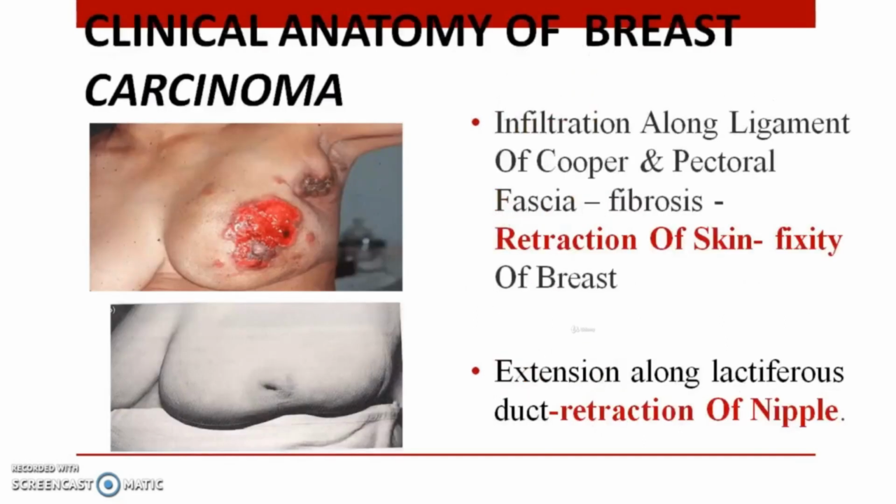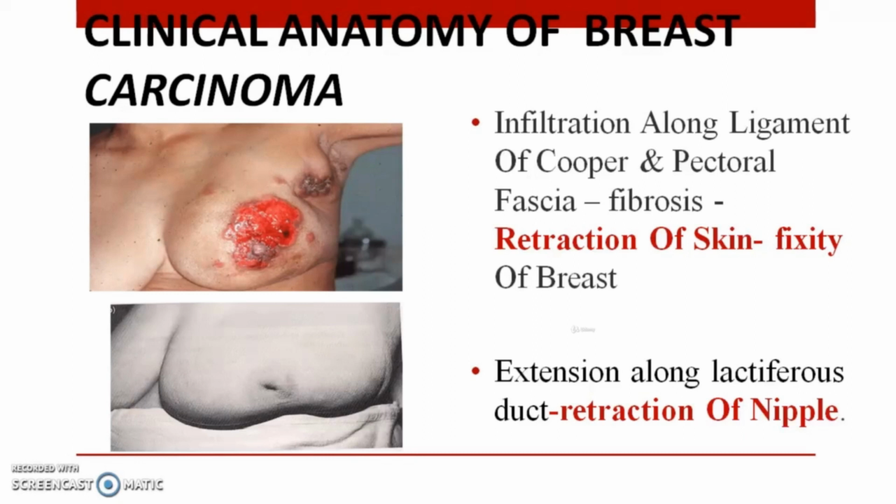And now we will see other applied aspects related to this mammary gland, that is clinical anatomy of the breast, especially carcinoma. Infiltration along the ligament of Cooper and pectoral fascia, that is due to fibrosis, will lead to retraction of the skin and fixity of the breast.